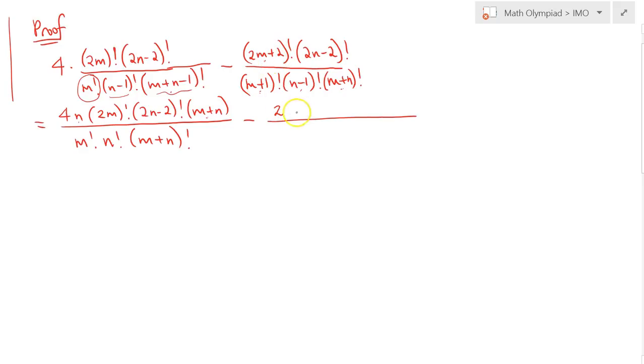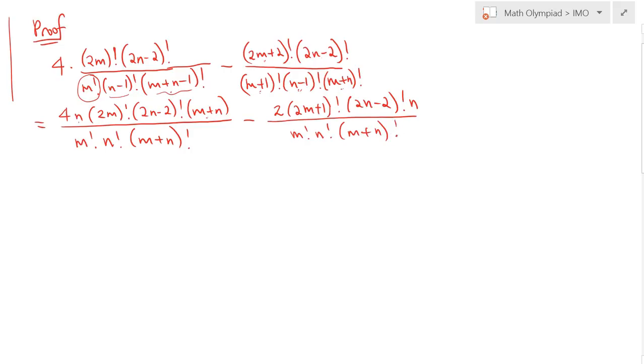I will still have (2m plus 1)! left here, sorry for that. I keep making these silly mistakes. (2n minus 2)!, and remember I need to add another n here, so I have m!, n!, and (m plus n)!.